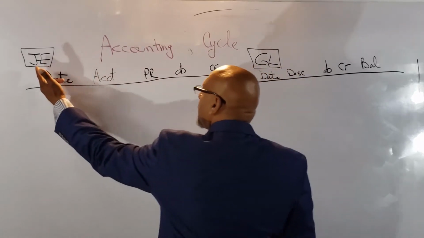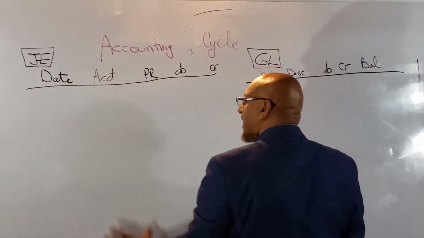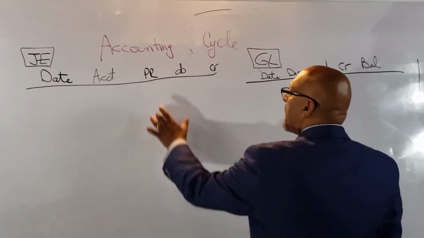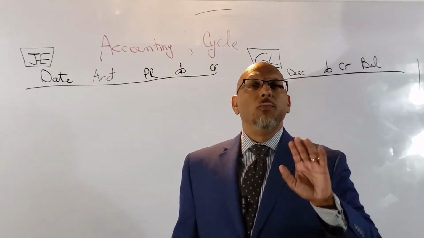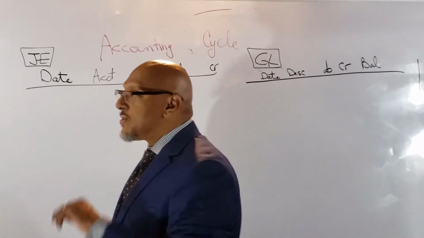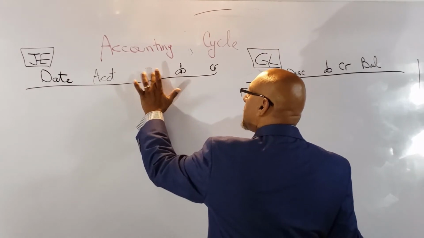With a journal entry for the journal, we have a date column, we have the account name, we have a PR, which means posting reference. We're not going to worry about that in this class, so I'm going to get rid of it right now, but know that that means posting reference.